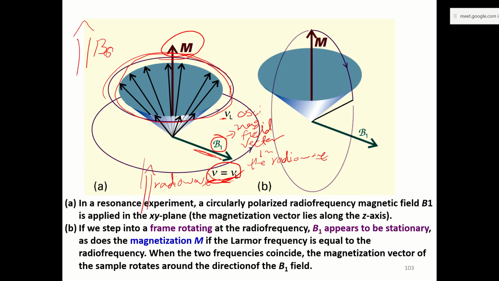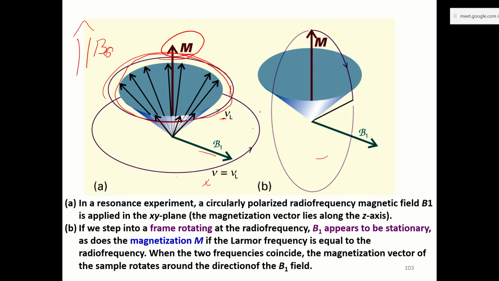If you are viewing from outside, it will appear that both are moving in circles, the b1 vector moving in the lower circle, and the upper magnetization vector, both at an equal speed. The magnetization capital M and the b1 both are moving in circles in the xy plane, one represented by the upper circle and the other by the lower circle.